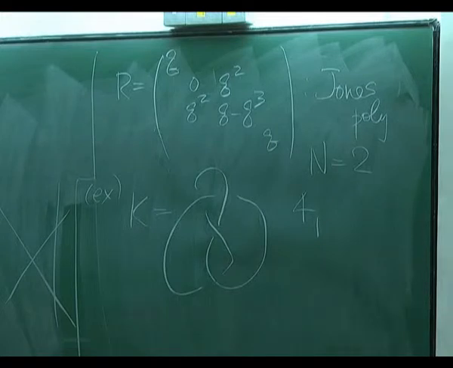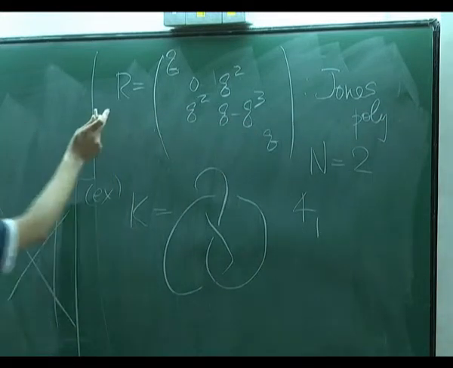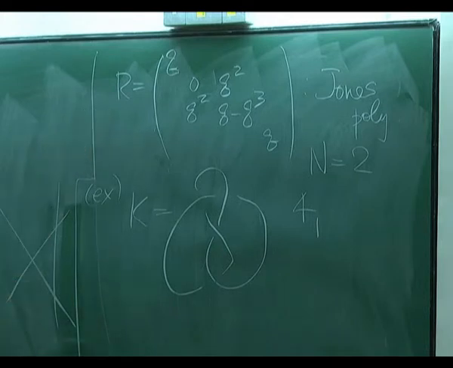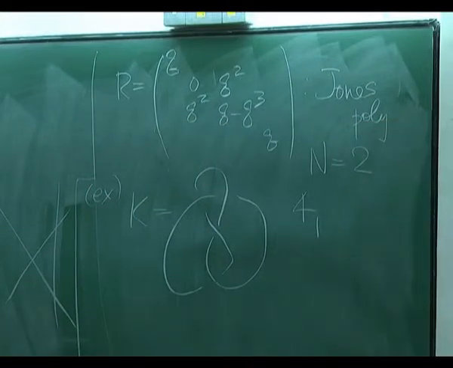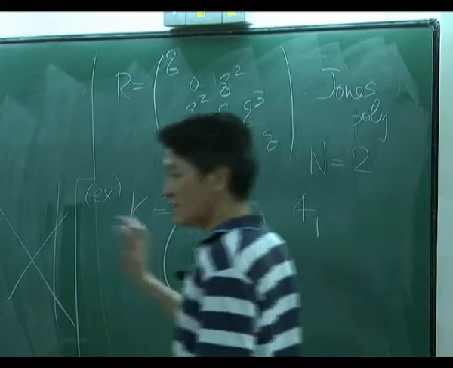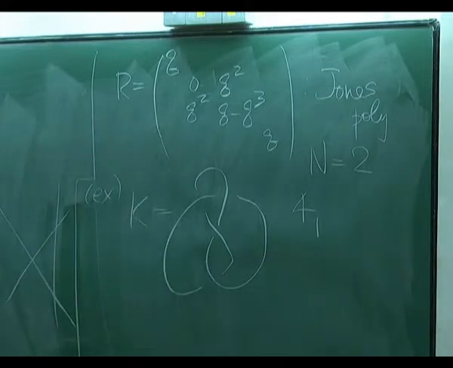Okay, so we know the n-dimensional representation of the R matrix, so we can calculate the quantum invariant for this one. Generally it's possible, but the form is a little bit complicated. The most difficult part is to collect terms together and obtain a very beautiful expression.